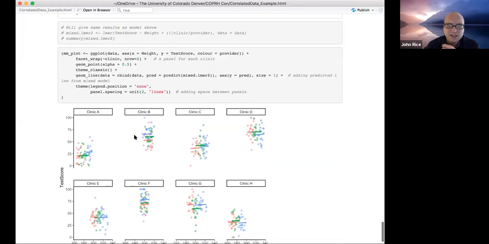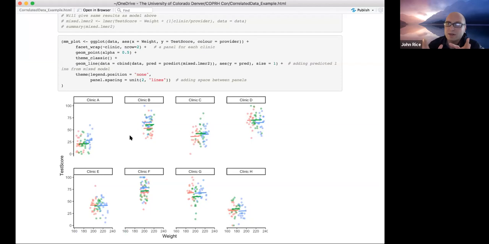And then finally, we want to take a look at why we no longer see that significant effect for weight on test score. And we can do that with these kinds of plots. So essentially what's happened is in that big scatter plot with all the clinics, there looked like there was a positive association between weight and test score because we're not accounting for that clustering.